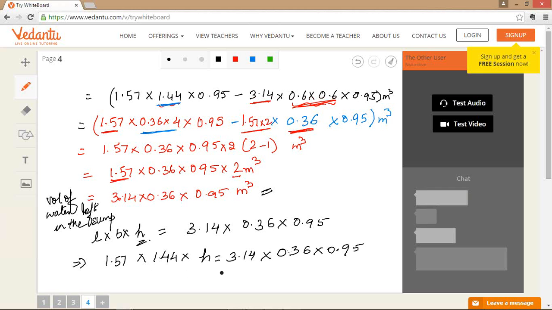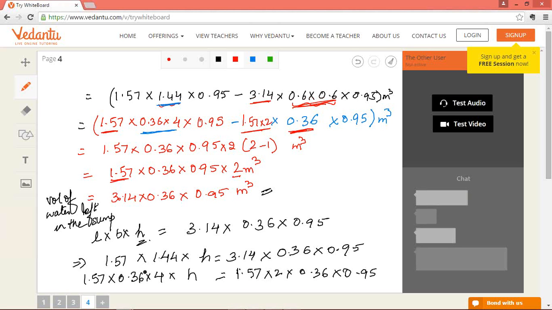That gives me 1.57 into 2, and as done above, 1.44 is 0.36 into 4. That will become easy for us. So 0.36 into 4 into h, equals, again, 0.36 into 0.95.